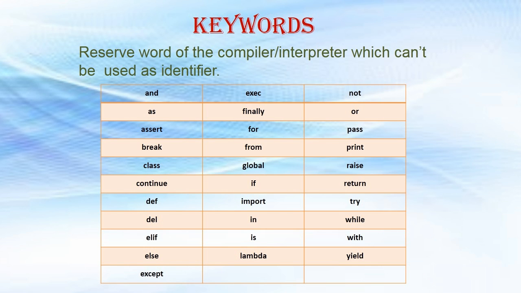So whenever we use any programming language, we need one of these programs, a compiler or interpreter. So reserved words means words whose meaning is already known by the compiler or interpreter.